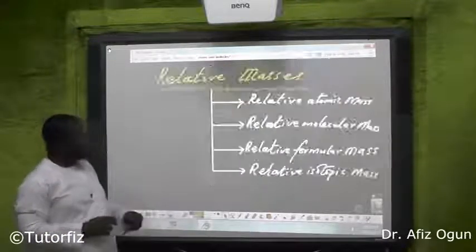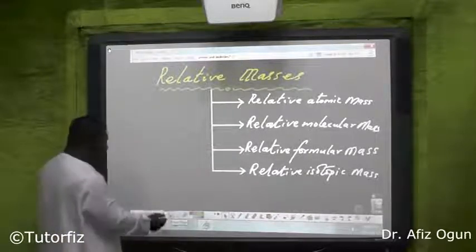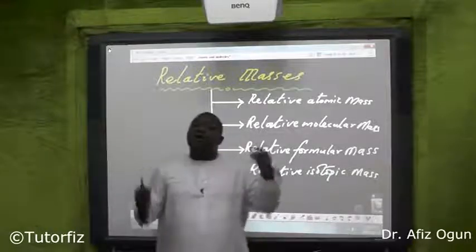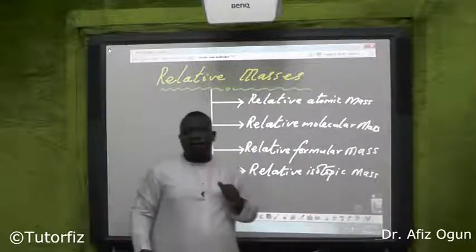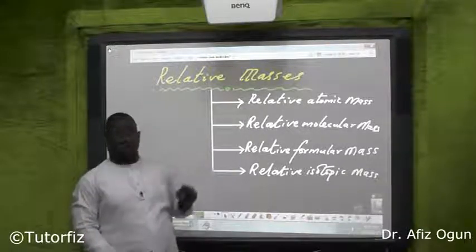We also have relative formula mass. For relative molecular mass, let me go one by one. So we're saying relative atomic mass of an element. Let's start from there. Relative atomic mass, you know why it is relative now: relative to carbon-12.